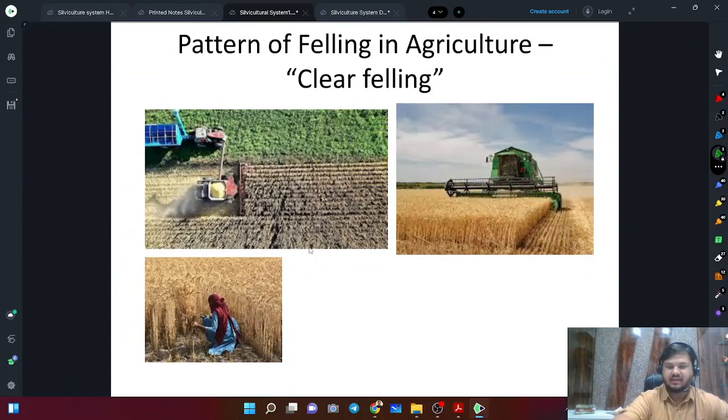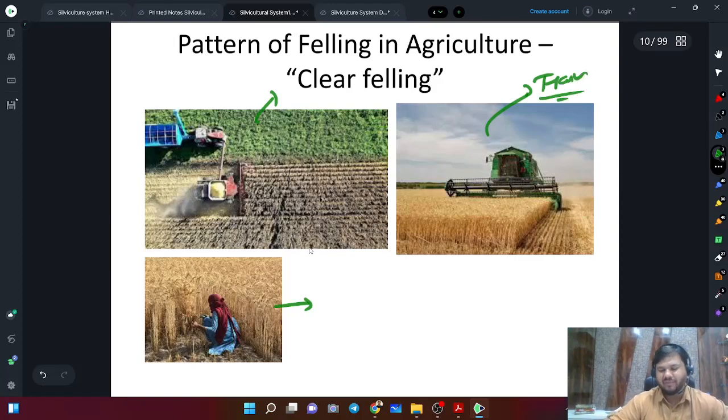This is agriculture, right? Here the woman is harvesting by hand. Here I think a thresher is there. Here there is a harvester. There could be even a tractor. A lot of mechanization has happened, but you can see there was a lot of crop here. It just grew in a few months, and they felled everything.